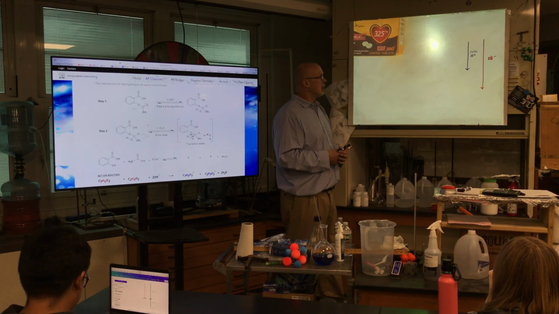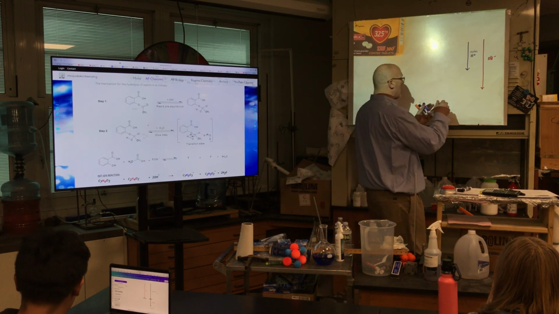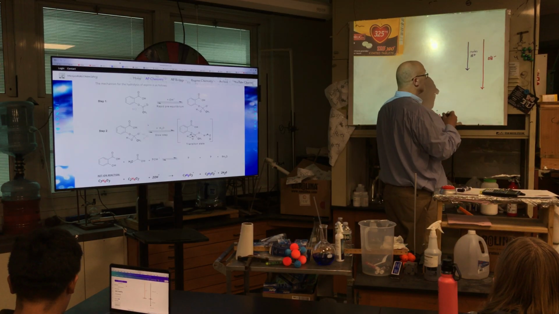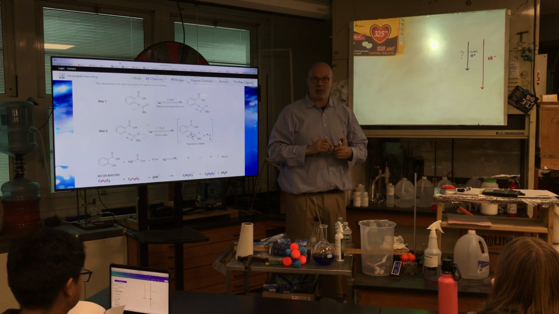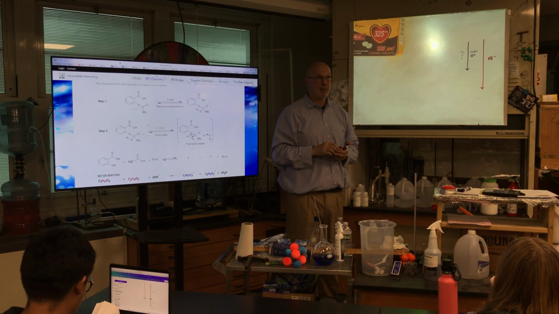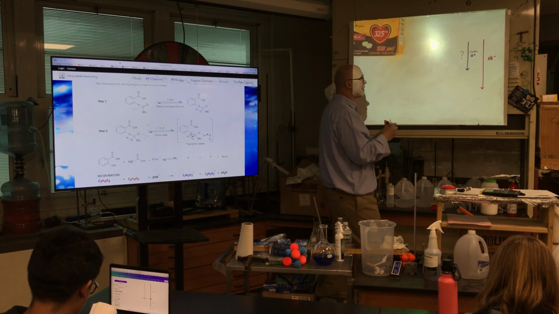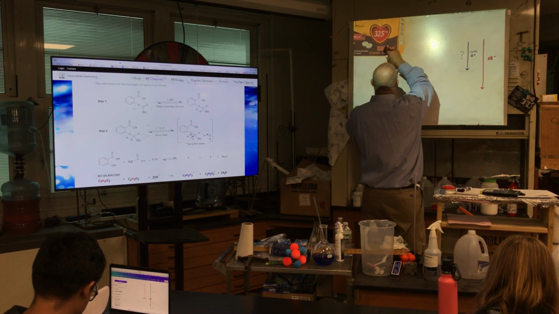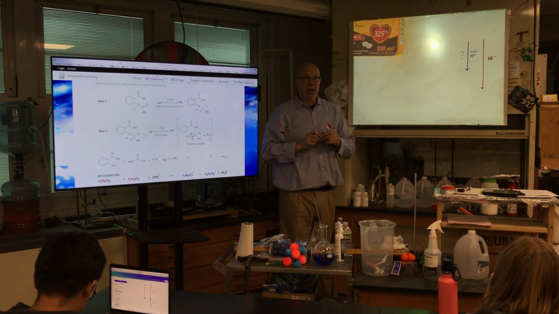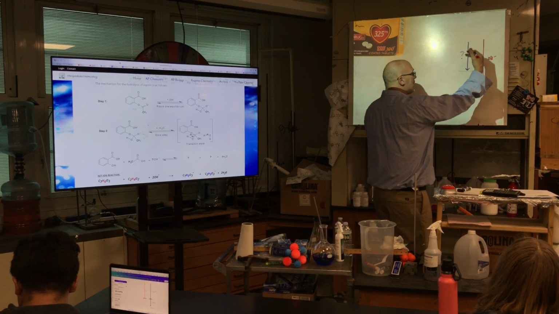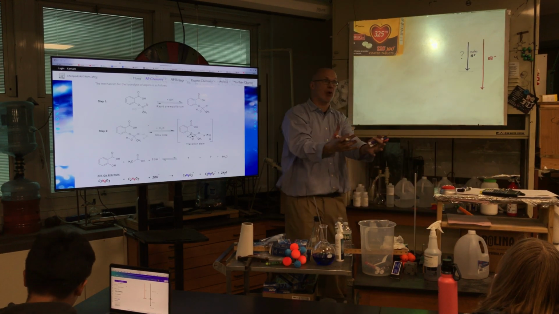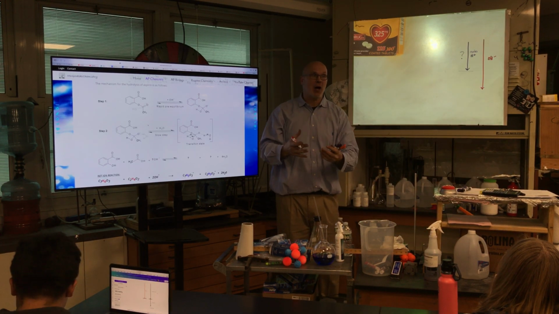Now, this line is unknown, and sometimes drawing it confuses people. But we get this line using this target amount. We're going to add excess hydroxide to our crushed tablets that are dissolved in ethanol.